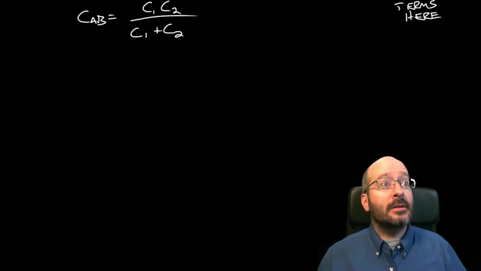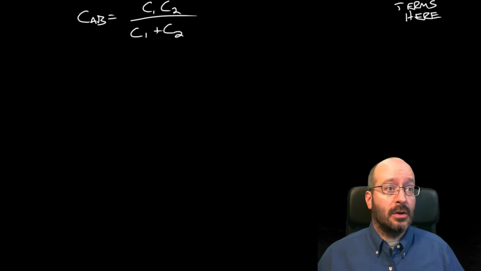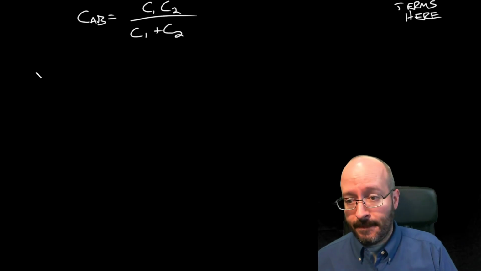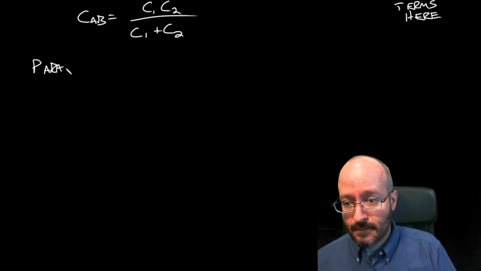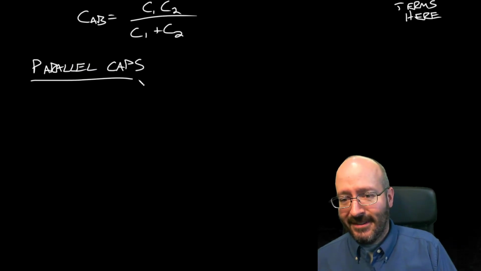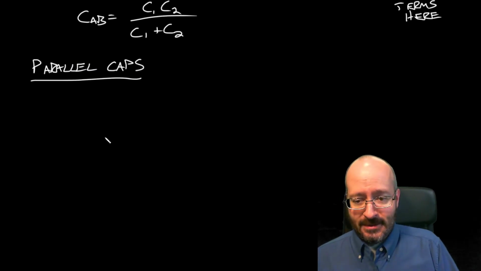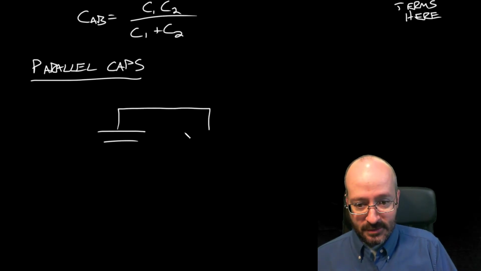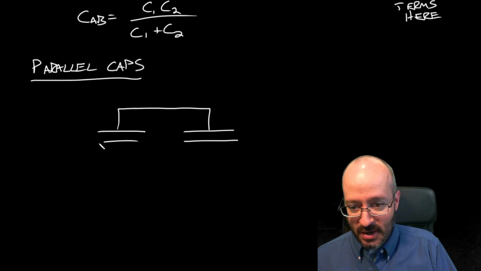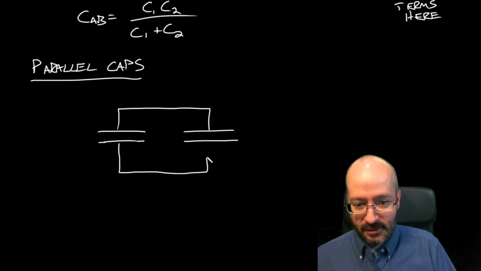How are we doing? When they're in parallel, this one's much easier. It's still backwards. So we take 2 parallel capacitors, connect them to the same 2 nodes. I'm trying to make these lines as even as possible so you don't confuse them with a battery.